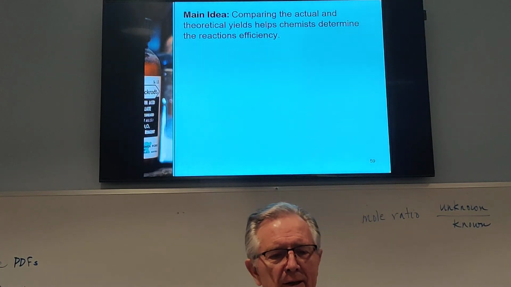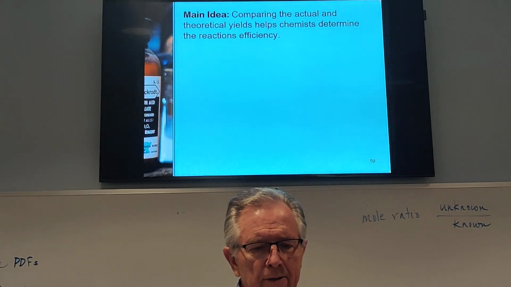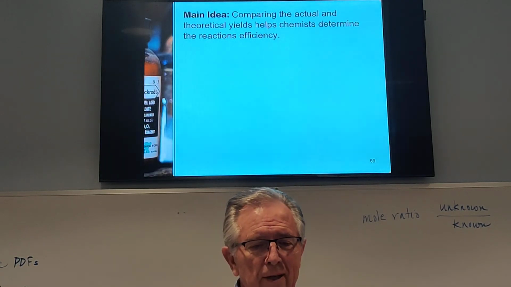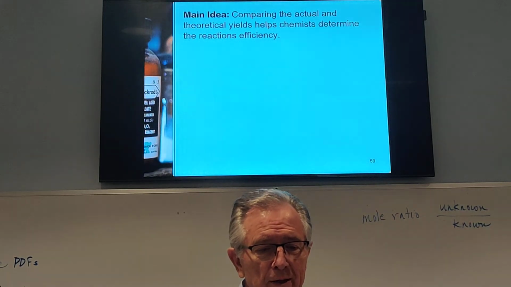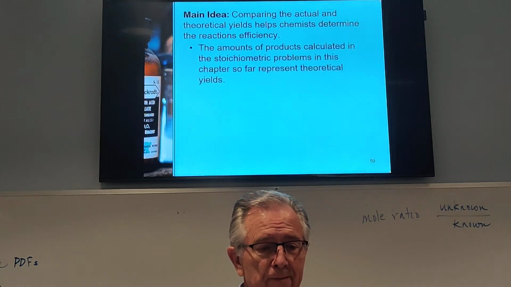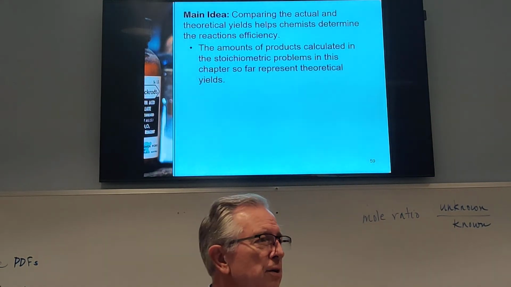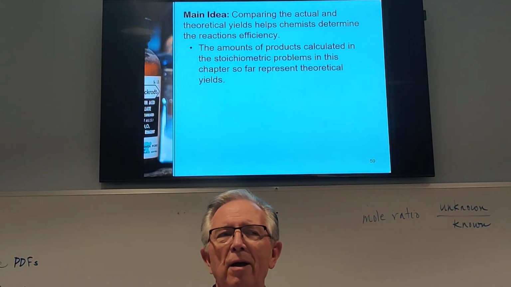Okay, last thing to cover in this is something that I think we've done something similar to, where you compare the actual yield to the theoretical yield to determine the reaction efficiency. Now, remember I said that usually in a chemical reaction, you don't get all the product that you want.